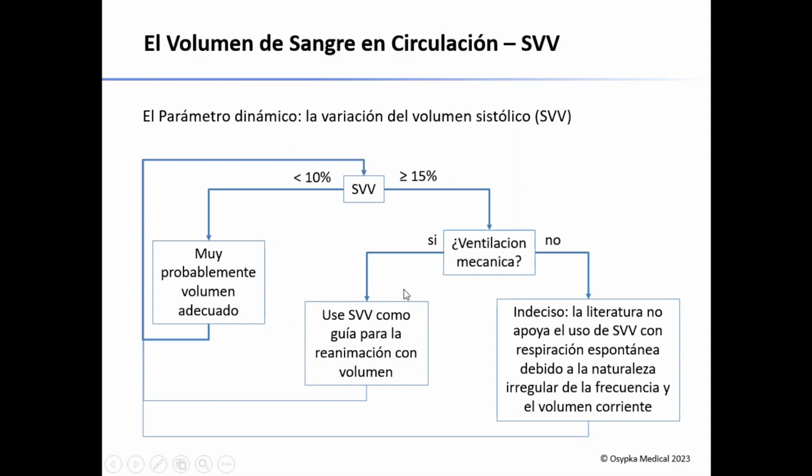If the patient is not ventilated, you cannot be sure because as the tidal volume changes, stroke volume changes due to respiration. You don't know exactly by the number, so you have to use your experience, which is required anyway, to see if the patient needs more volume. But at least low stroke volume variation indicates no need for volume.